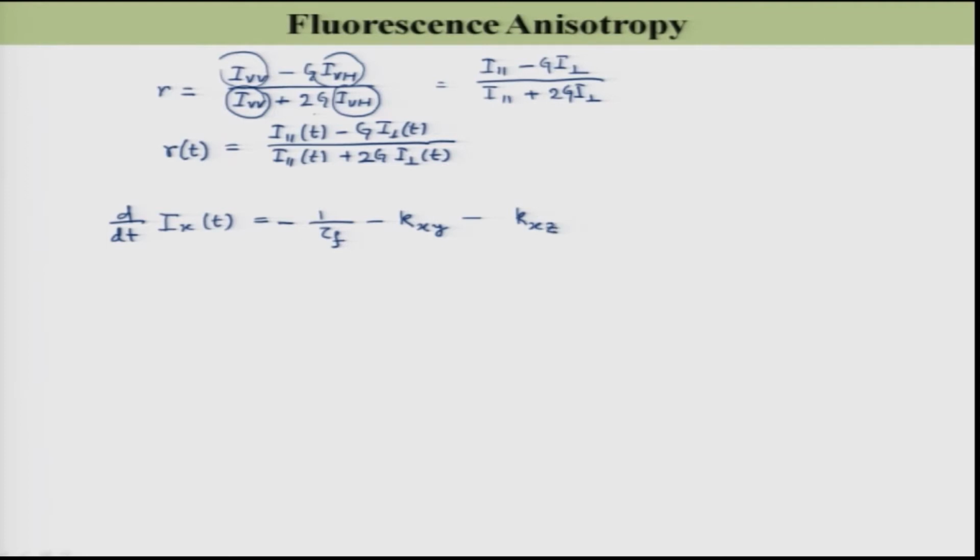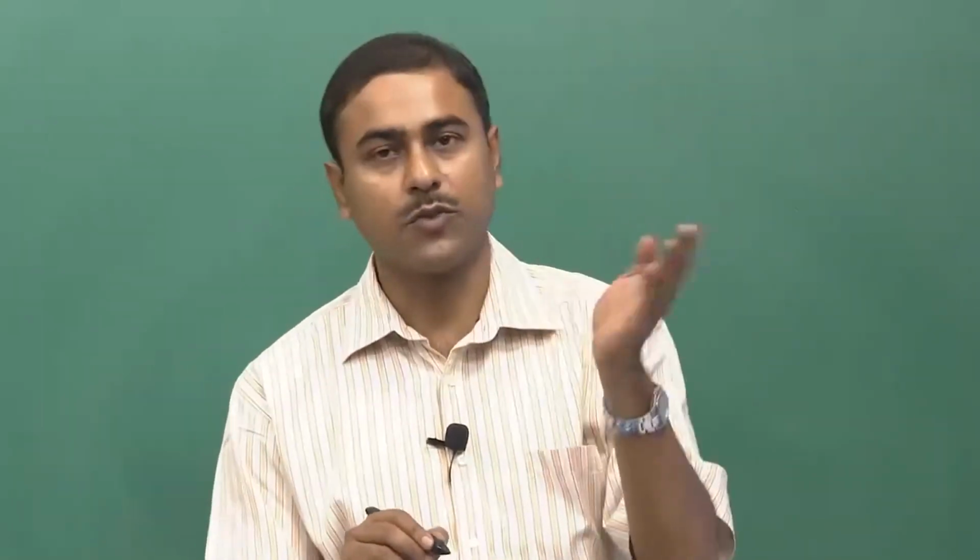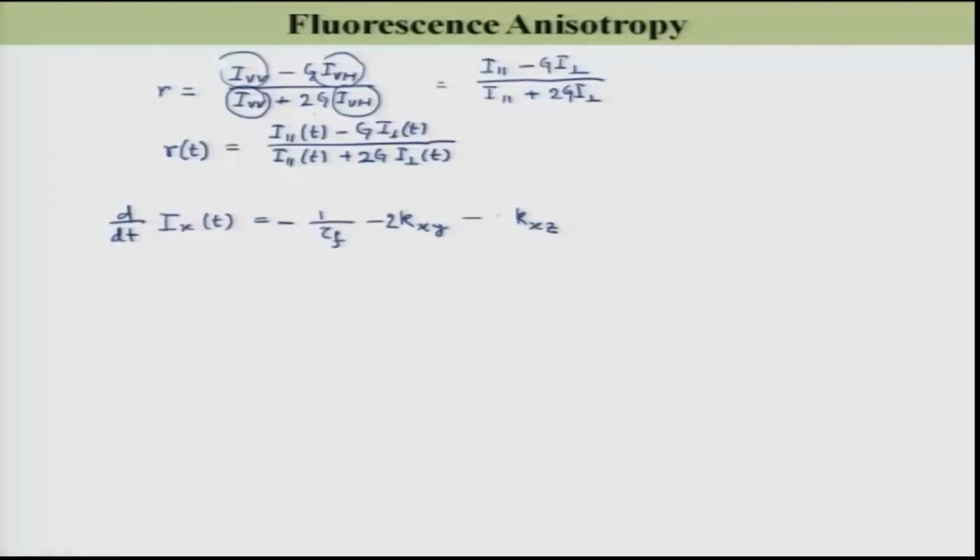Now, again I will tell you that the molecule can rotate from x to y, like this way or that way, both clockwise and anti-clockwise. So, in both cases I have this 2, and I will simply take this minus sign common. So, it will be like this, times I x t.